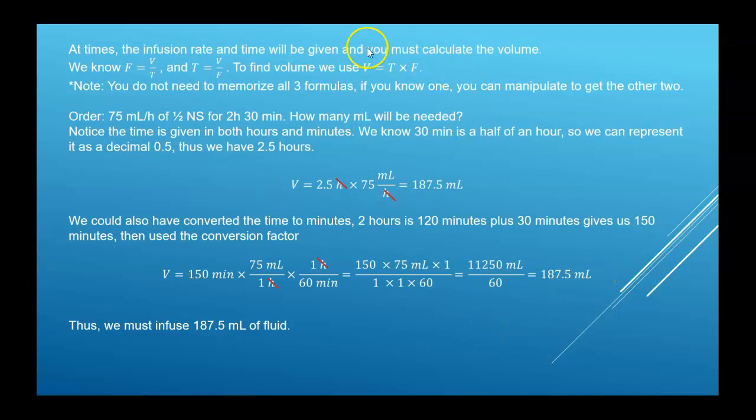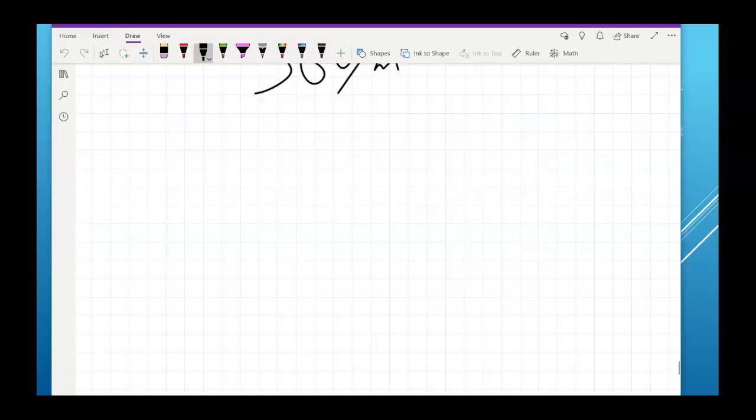So, flow rate is volume over time. Time is volume over flow rate. Volume equals time times flow rate. When you're dealing with an equation, you can look at that equation as a formula. Flow rate equals volume over time.